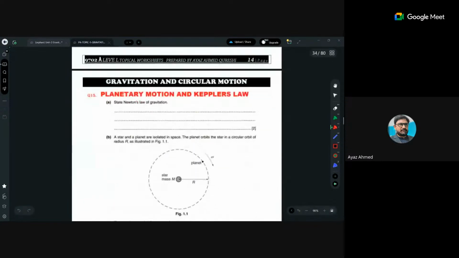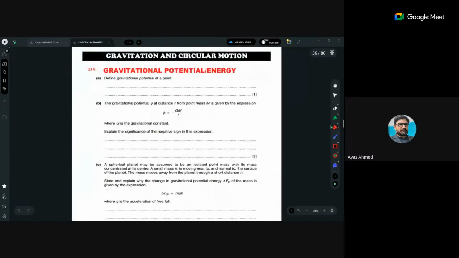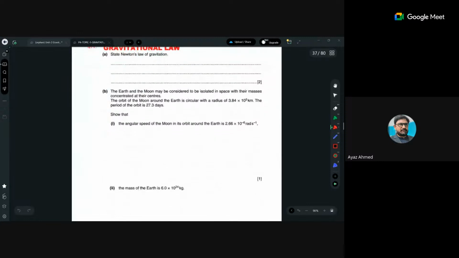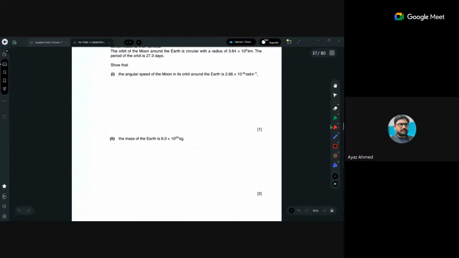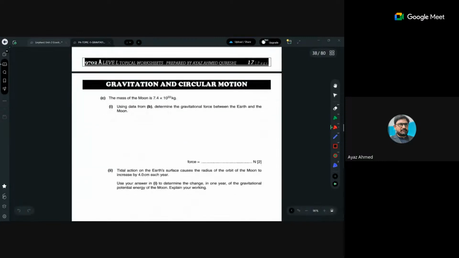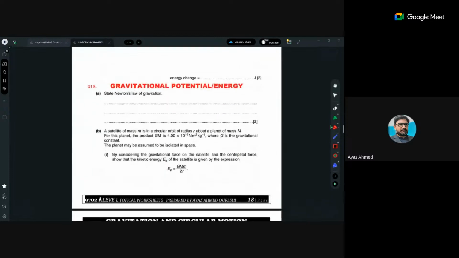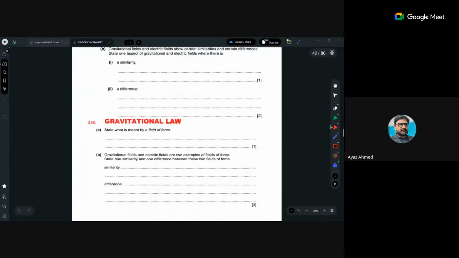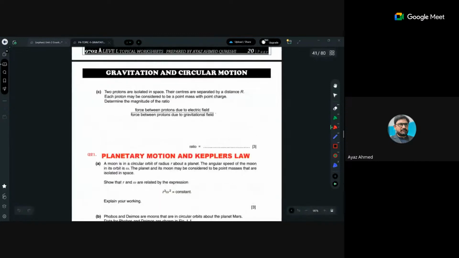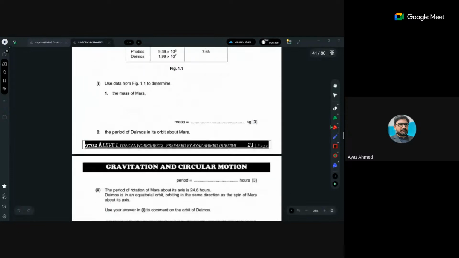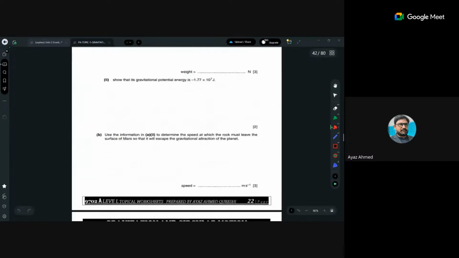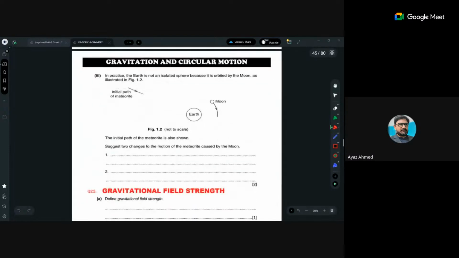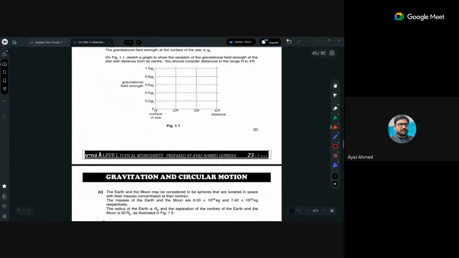We can have planetary motion in Kepler's law, and then gravitational law, gravitational potential and potential energy, and gravitational fields, Newton's laws. There would be some sort of derivation which will be coming via gravitational field strength.